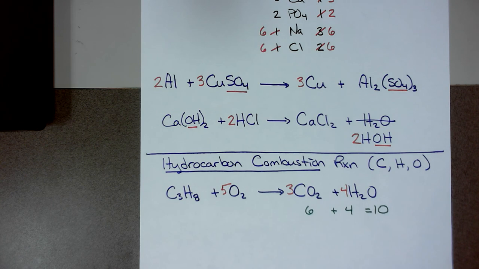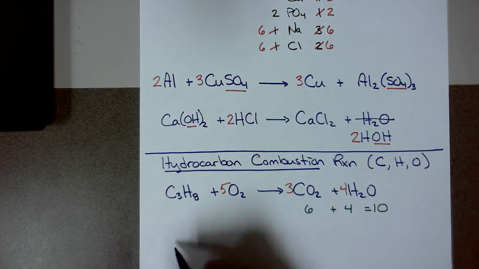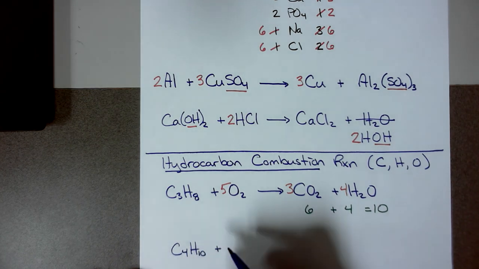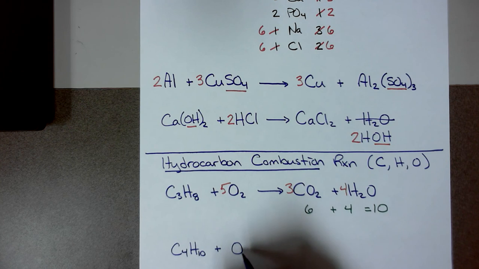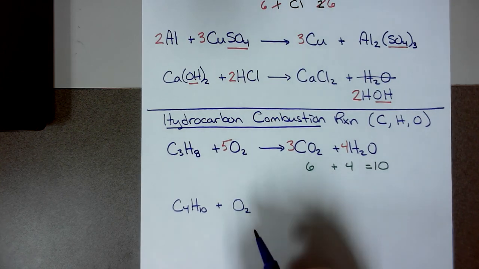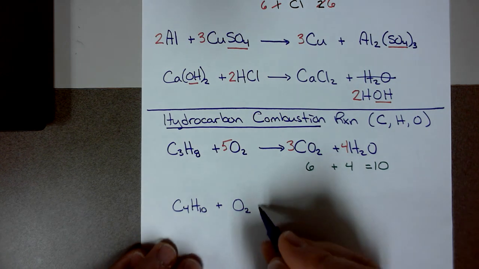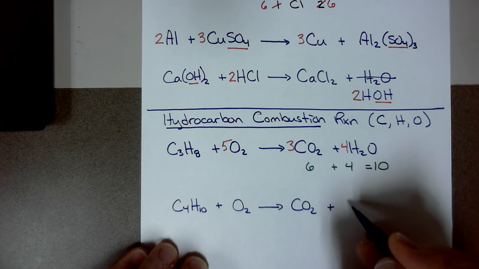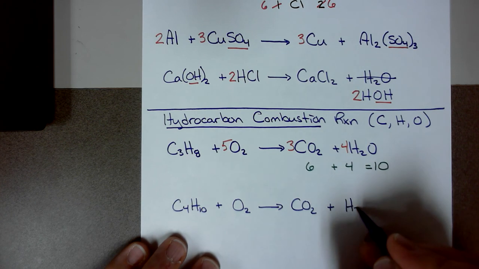Now I just wanted to give you an example here of a different one that you'll have to be aware of. Let's say I have C4H10 plus oxygen, so that's butane plus oxygen will produce carbon dioxide and water, H2O.